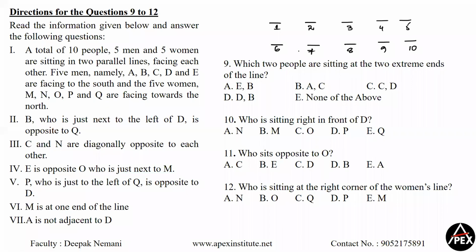Perfect. So how will you determine diagonal? Close this. This will form a rectangle. And how do we draw the diagonals of a rectangle? This will be one diagonal and this will be the other diagonal. So 1 and 10 are called diagonally opposite places. Similarly, 5 and 6 are also diagonally opposite places. So 1 and 10, and 5 and 6. That's it.